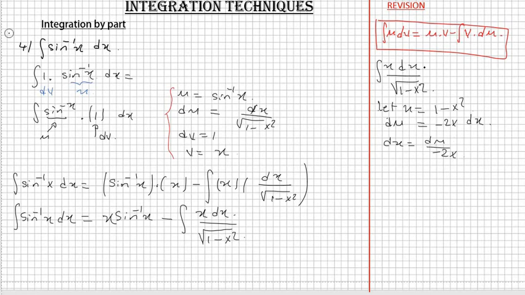So in other words, the integral will look like, we have x, so dx is du over negative 2x, and then we divide by the expression which is inside the square root sign, which is u.